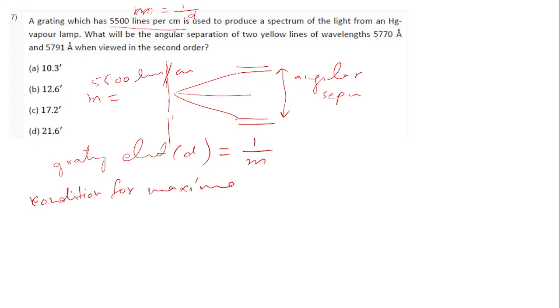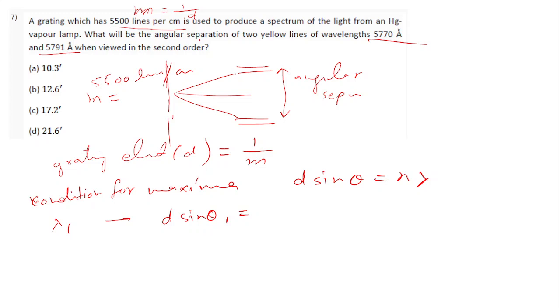When we are using a transmission grating, the condition for maxima is d sine theta is equal to n lambda. Okay, so here we are given two wavelengths, so we'll get two conditions. So for lambda 1, the condition we'll get is d sine theta 1 is equal to n lambda 1.